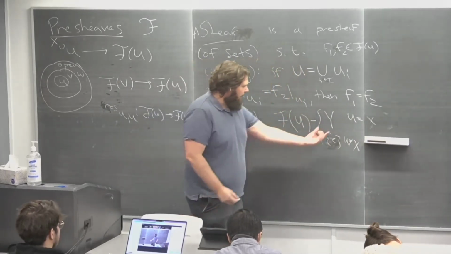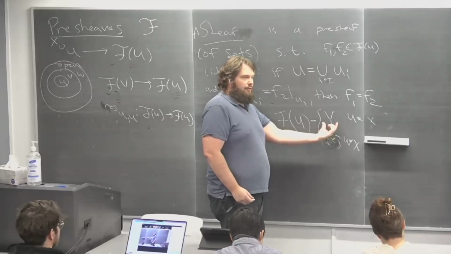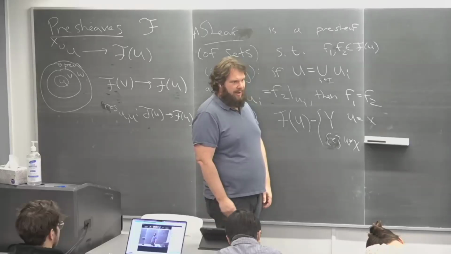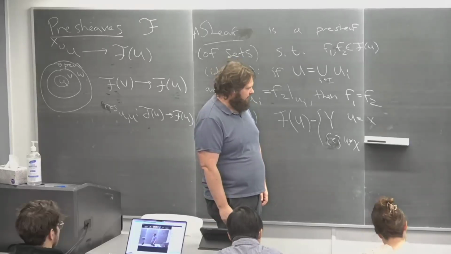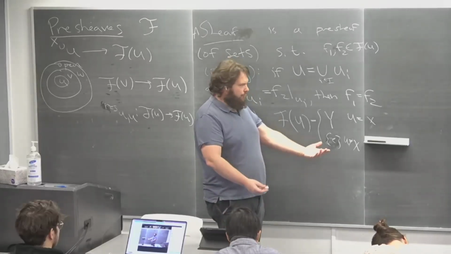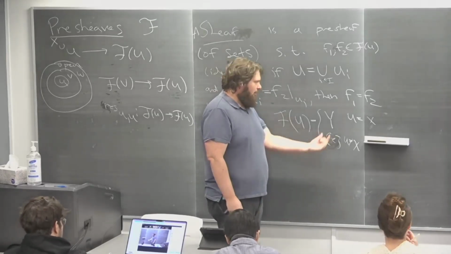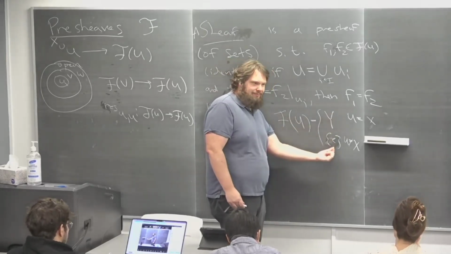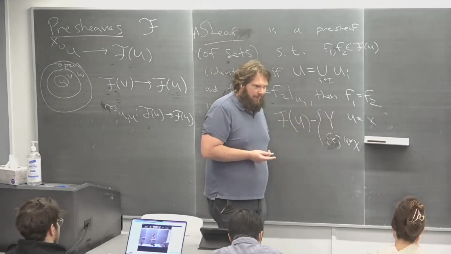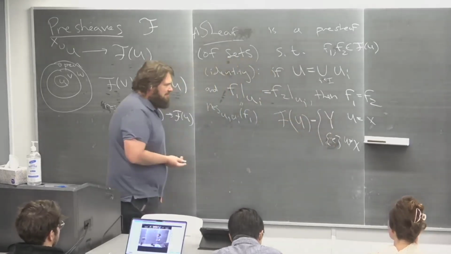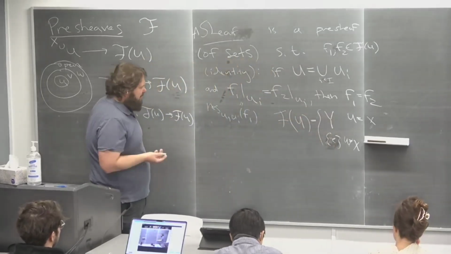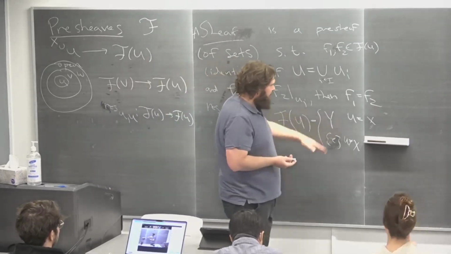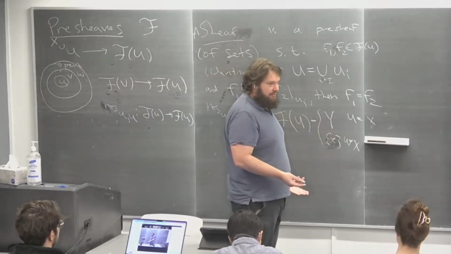Sorry. So I can take some huge set for the whole space, and for any proper subset, I have the one element set. And I have to tell you what the restrictions are. So the restrictions are either everything goes to the 1 point, or 1 point goes to 1 point.